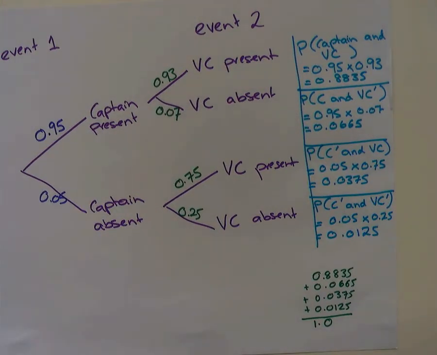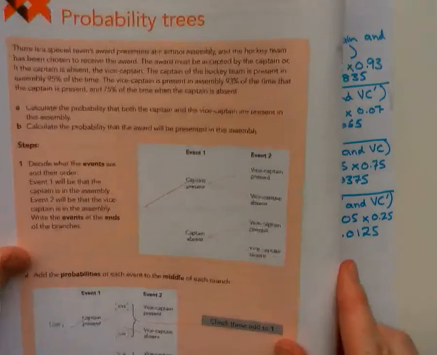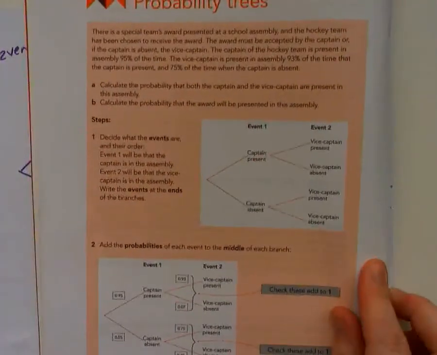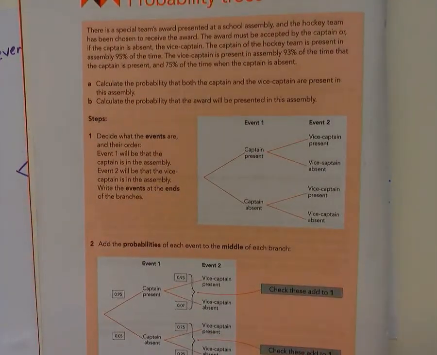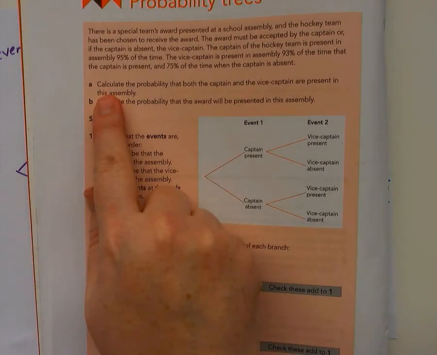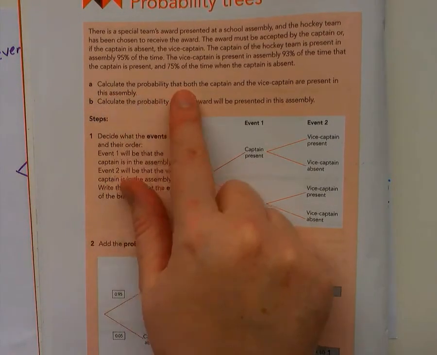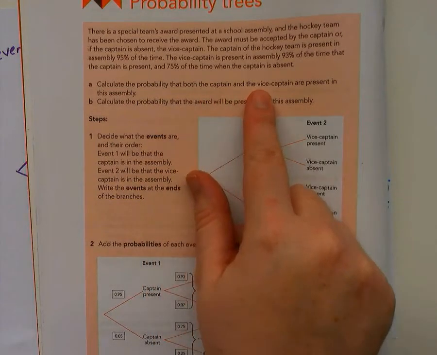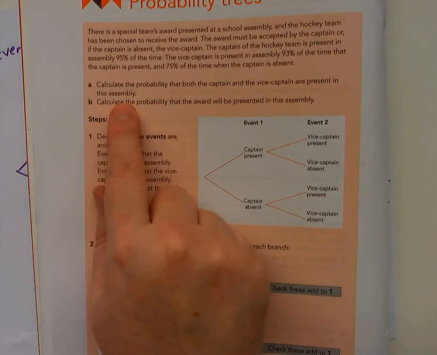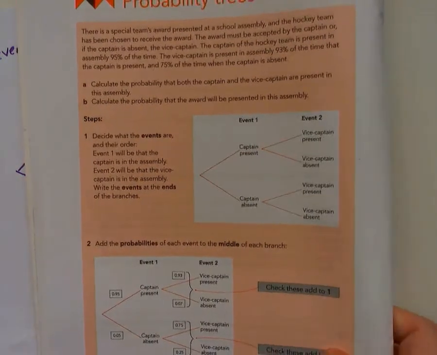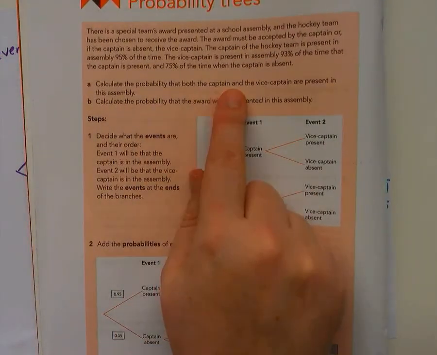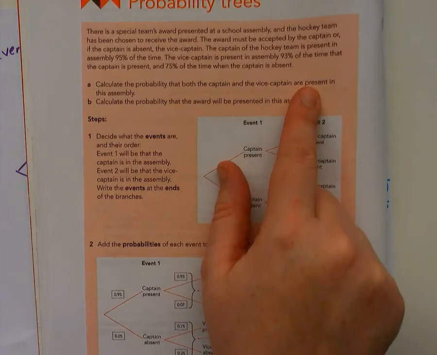Okay, now that we've set up the problem, we want to actually look at the question that's being asked. I haven't even looked at that until I've got the setup done. So now the question itself. Calculate the probability that both the captain and the vice captain are present in this assembly. Okay, so let's think about what combination that refers to. The captain and the vice captain are present.